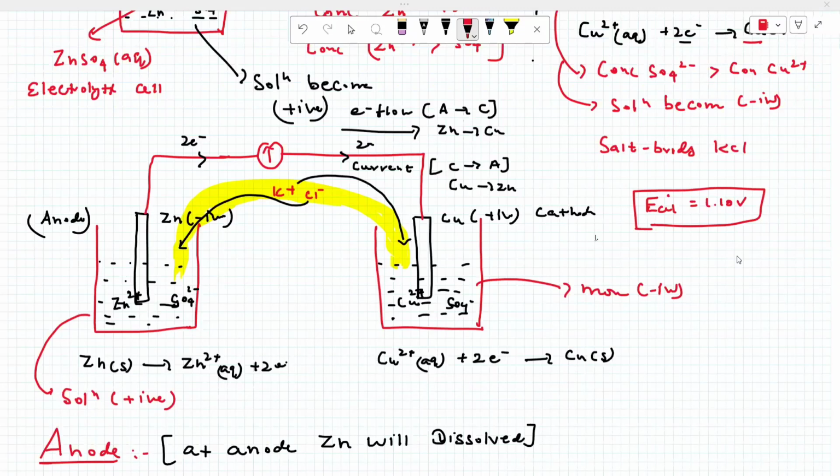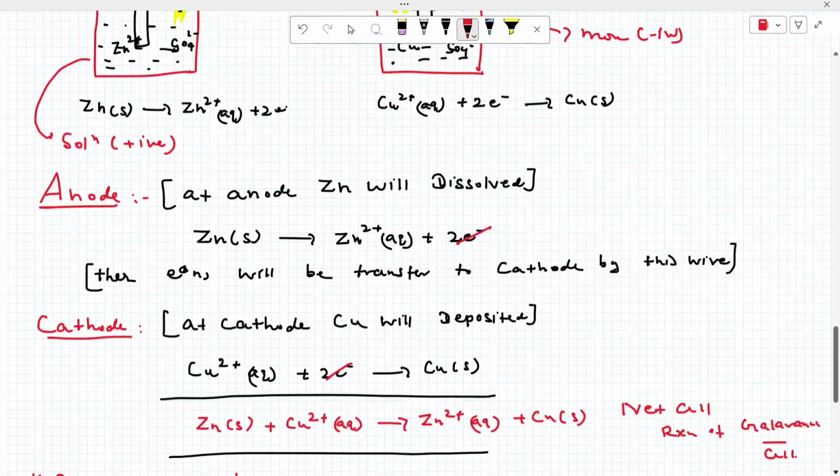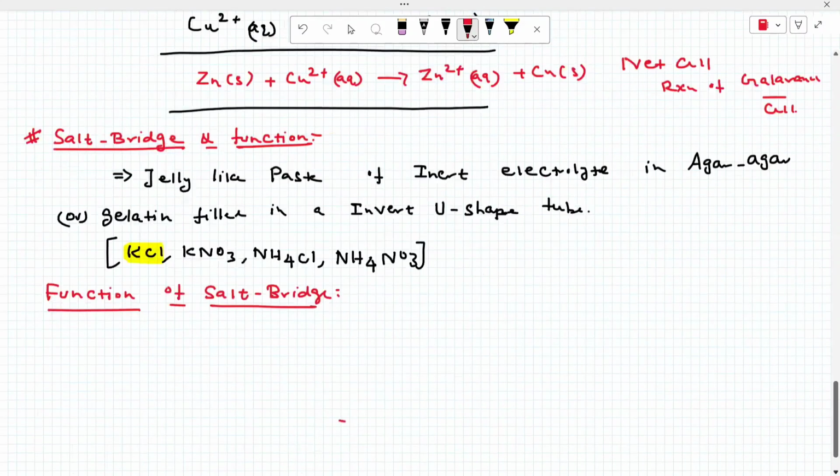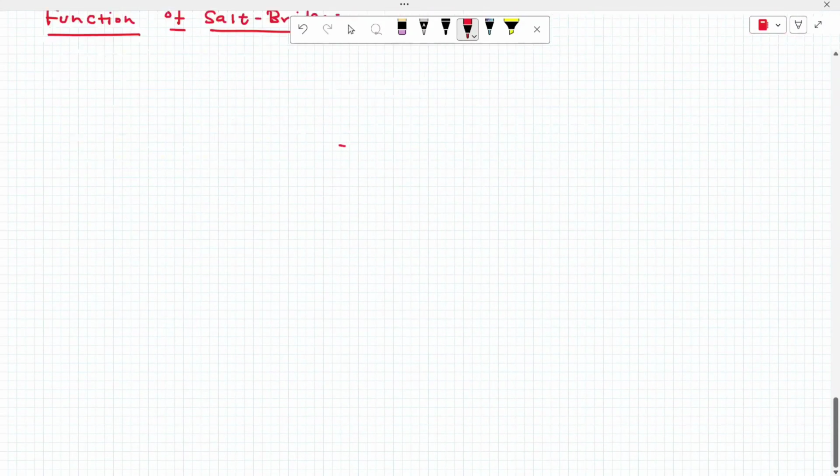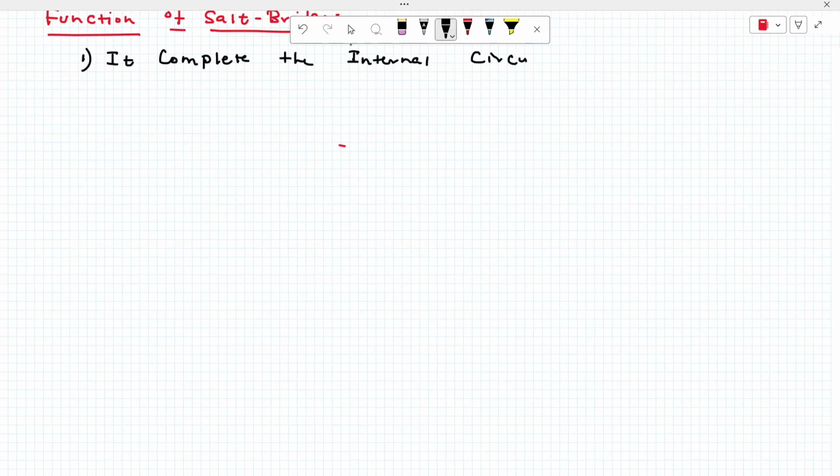Okay, now see one by one. Very important, please note. First point: it completes the internal circuit of the cell.